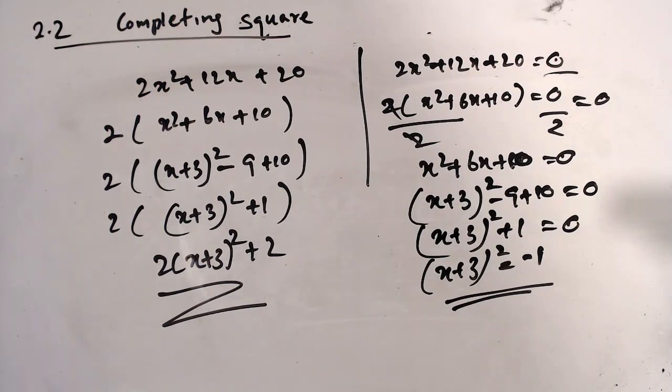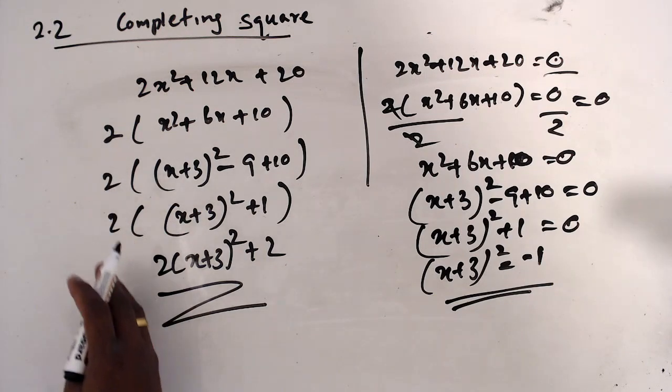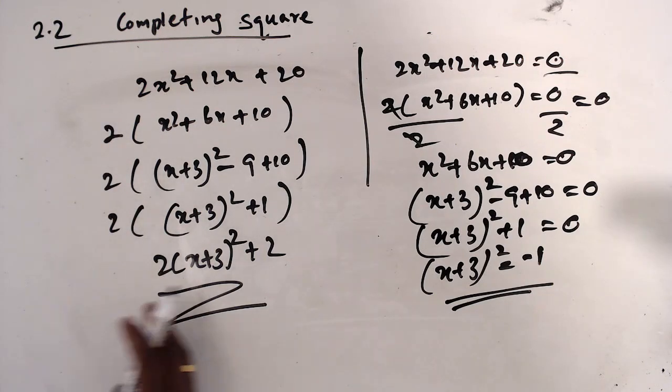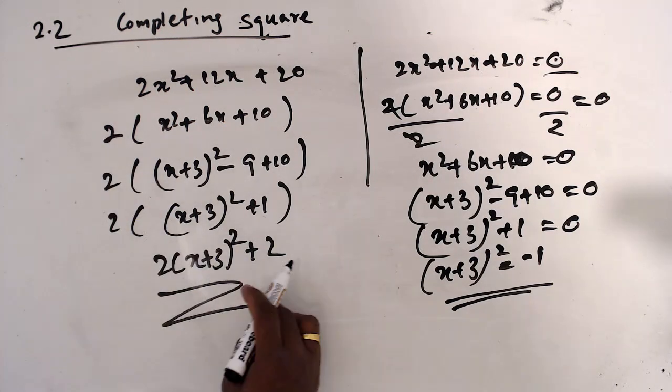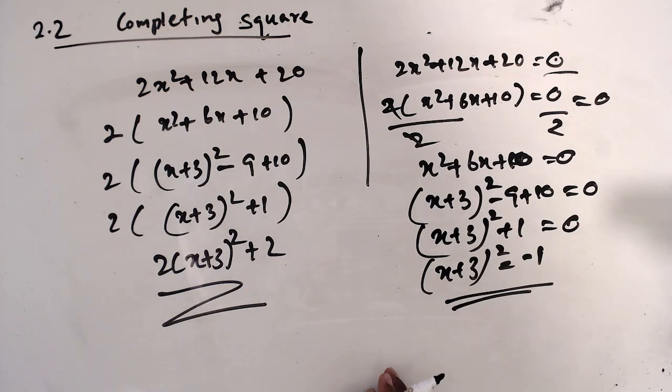Basically we can drop the 2 from here since this is an equation, but we can't do that for an expression. We have to take this 2 and keep it in the answer.